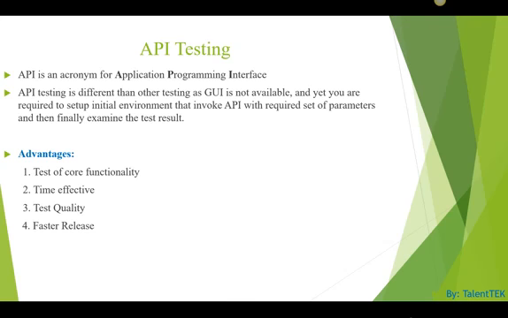And it is time effective, it saves lots of time. For example, if you have 100 test cases running in Selenium, it might take a couple of hours, like 3, 4 or 5 hours, depending on the scenario. But for API testing, 100 requests or test cases might take less than 2 to 3 minutes.